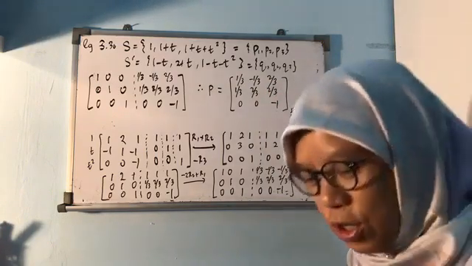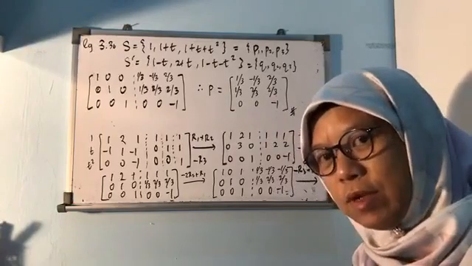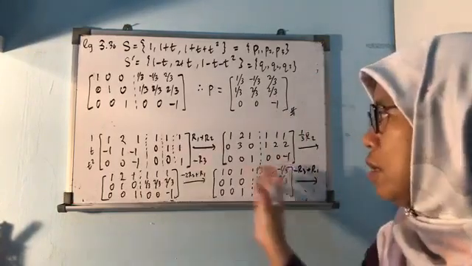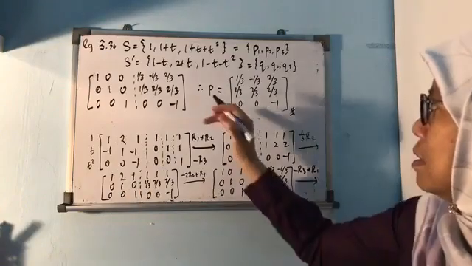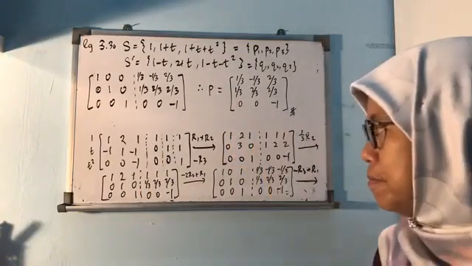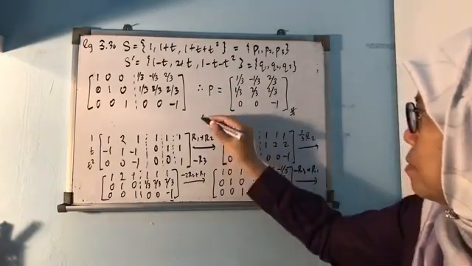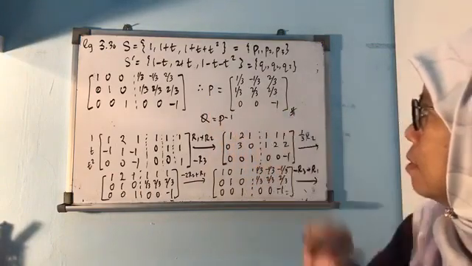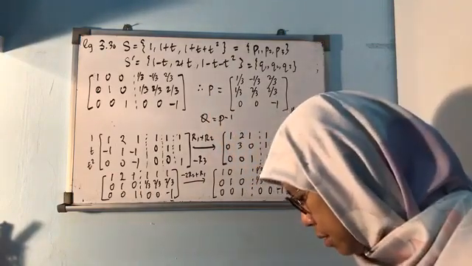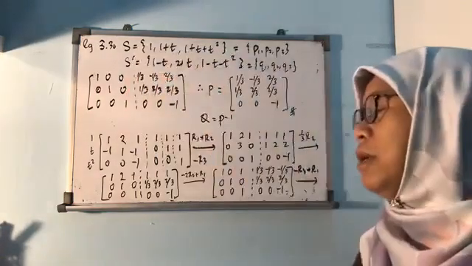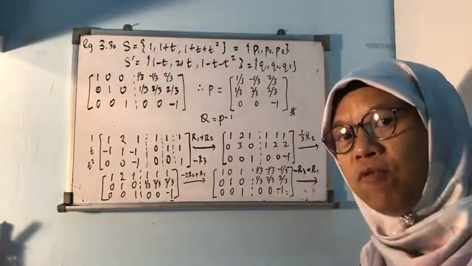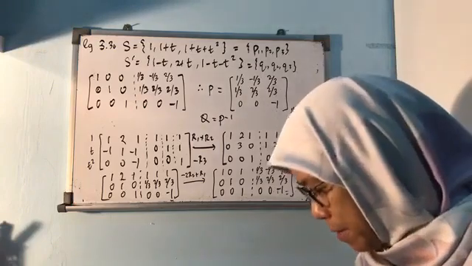Now to find your Q, you have to find the inverse. Or you can do this once again and flip, or you can find the inverse of P. So that is your Q. Alright. And imagine if I give you S as matrices, it will be 4 by 4. Okay?